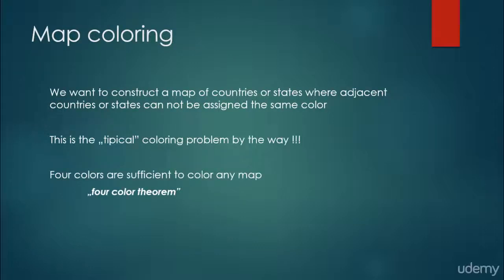And of course, the map coloring. This is the typical coloring problem, by the way. We want to construct a map of countries or states where adjacent countries or states cannot be assigned the same color. And several mathematicians came to the conclusion that 4 colors are sufficient to color any map. This is the so-called 4-color theorem.